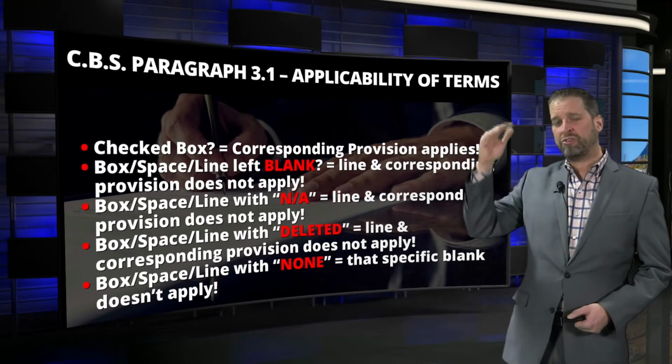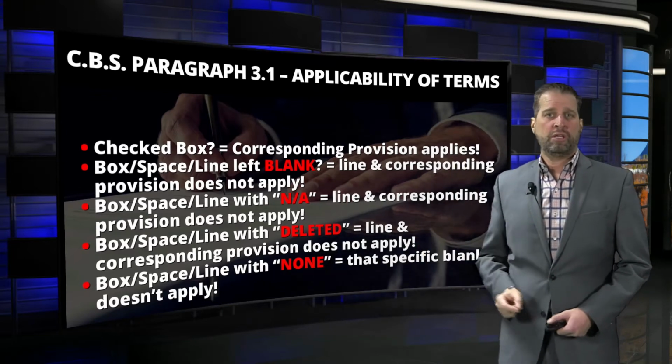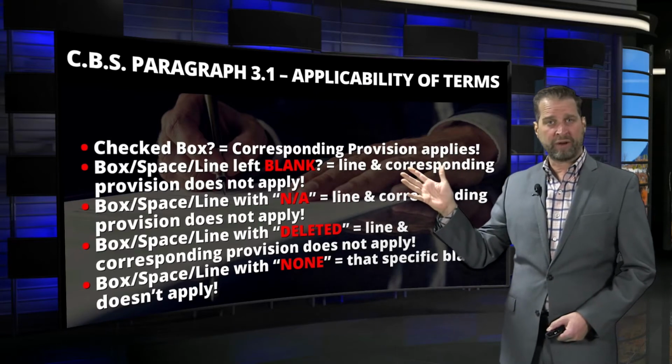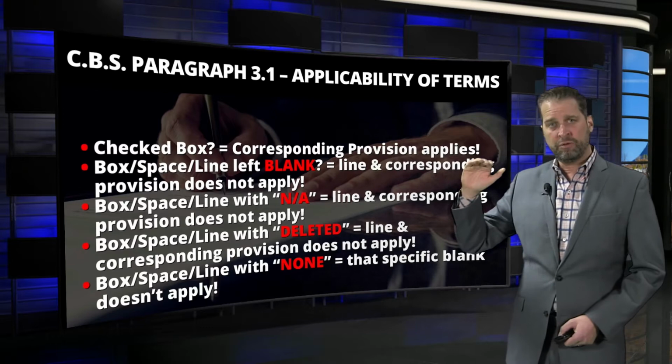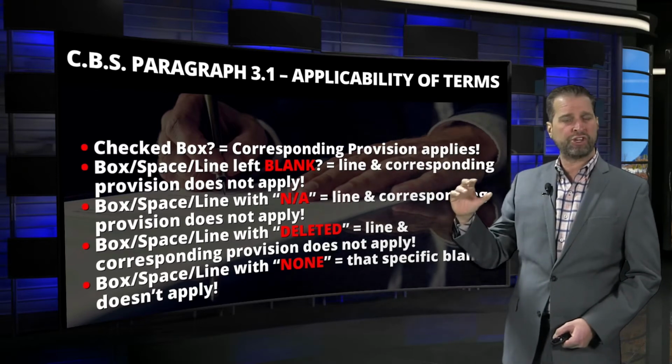All three of those have the exact same effect on that entire provision. Okay, and so when you leave a blank in the contract, which you really should never do, it can delete not just that line or not just that blank, but the entire provision.